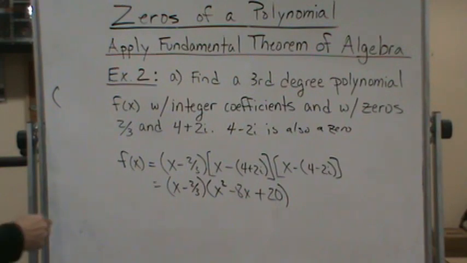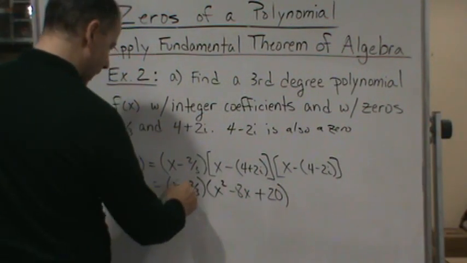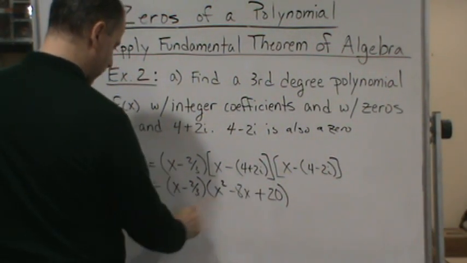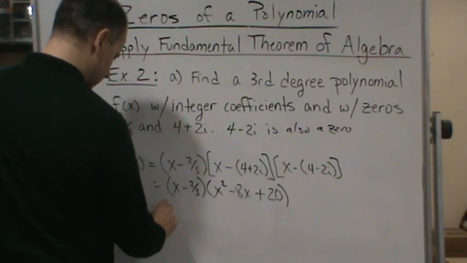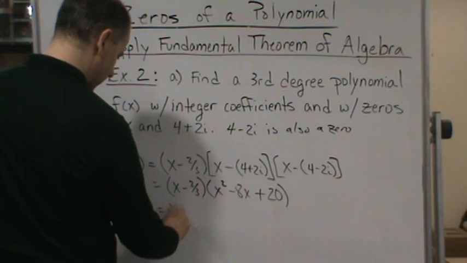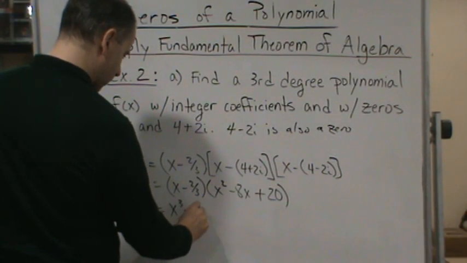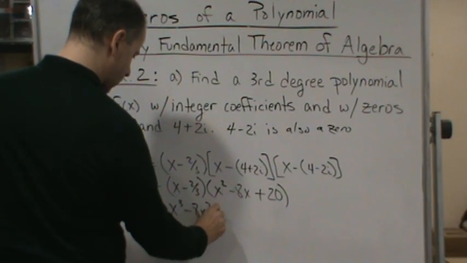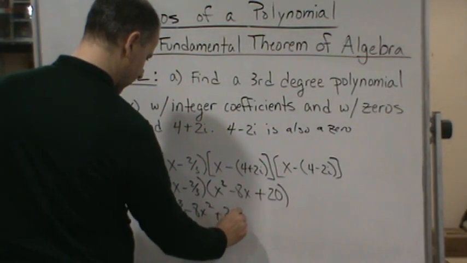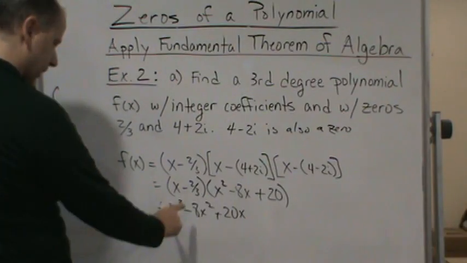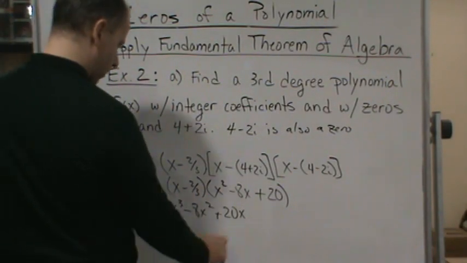Now we expand again. I'm going to use the distributive property again. So this is going to give me x cubed minus 8x squared plus 20x. And then I'm going to distribute the minus 2/3.